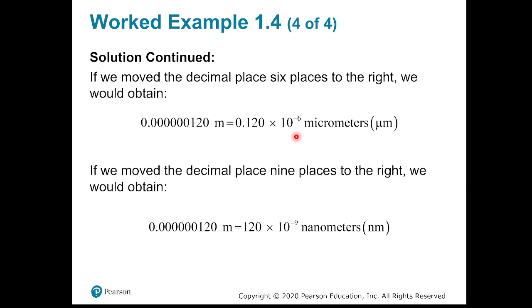And so this 0.120 is micrometers. Okay? And that's what that prefix is doing, right? It's moving over 10 to the negative 6 into that prefix. Okay? And this one, nanometers, is moving over 10 to the negative 9 into that prefix. Does that make sense? Yeah. Okay.